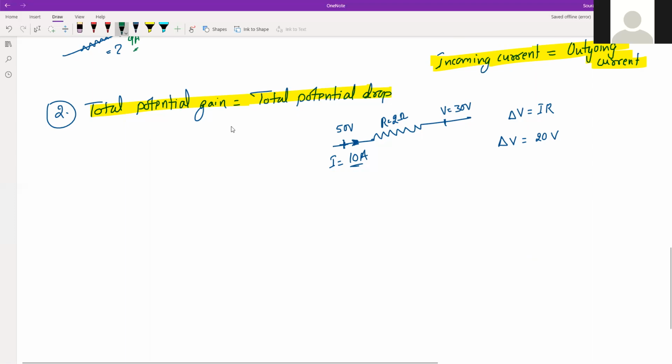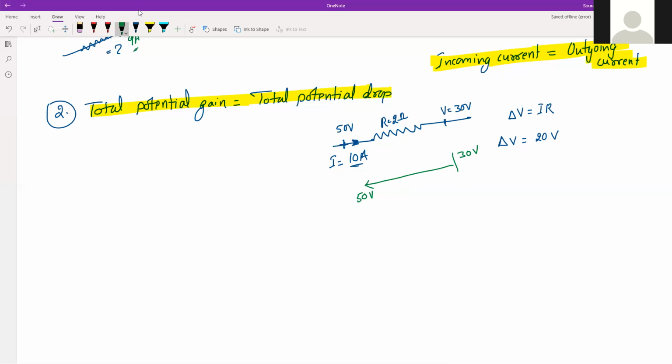It also means that if I am going in the opposite direction, from here to here, there is actually a gain in potential.